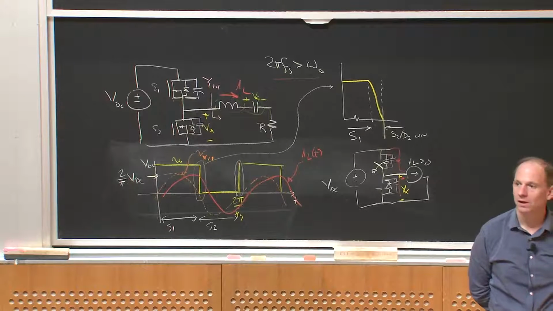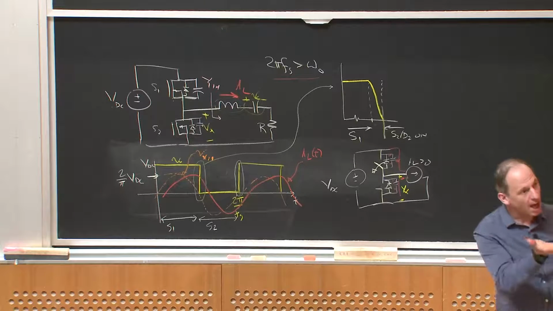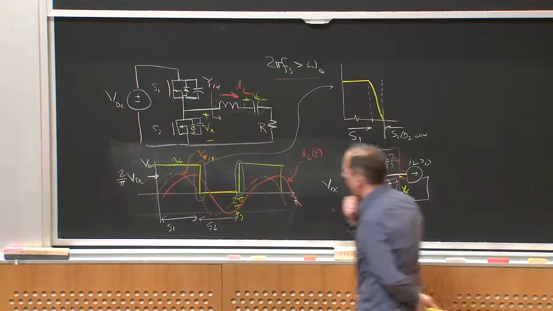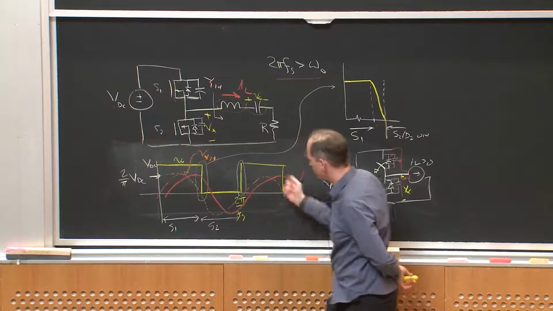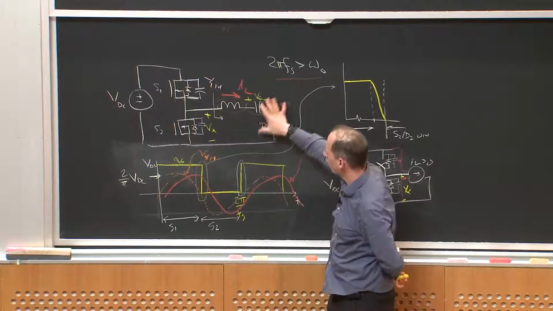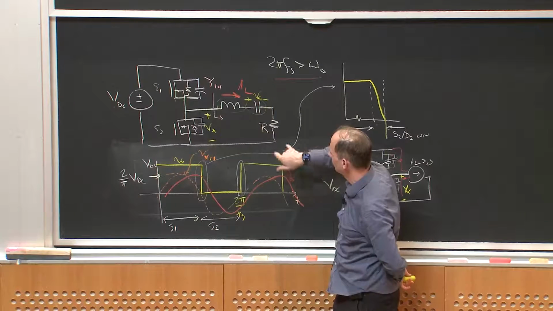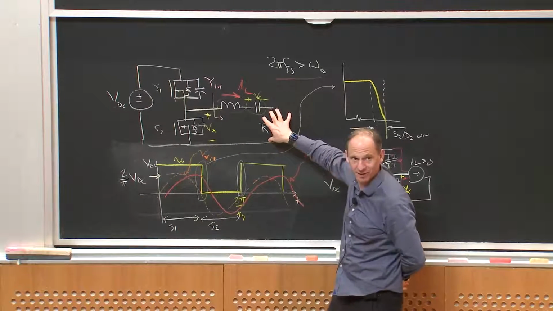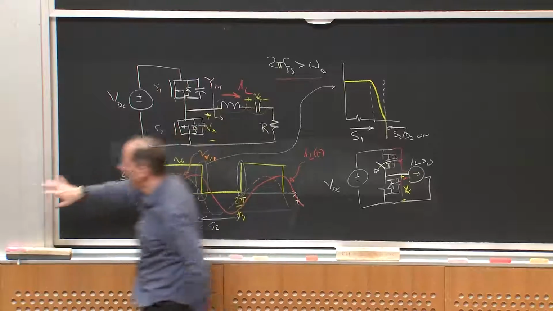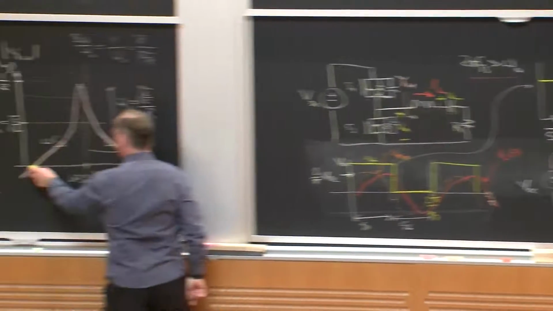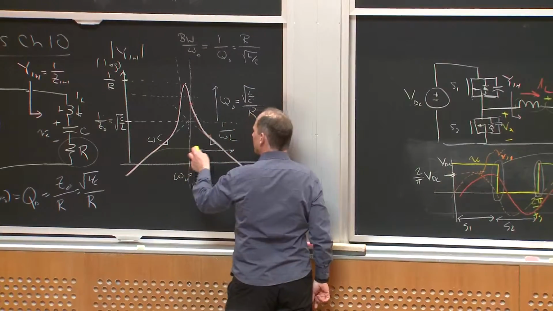Now we would like quality factor to be high so that we get sinusoidal currents. If you imagine that the quality factor was really low, that is, resistance was really big, then instead of looking like this pretty curve, it would look like this.